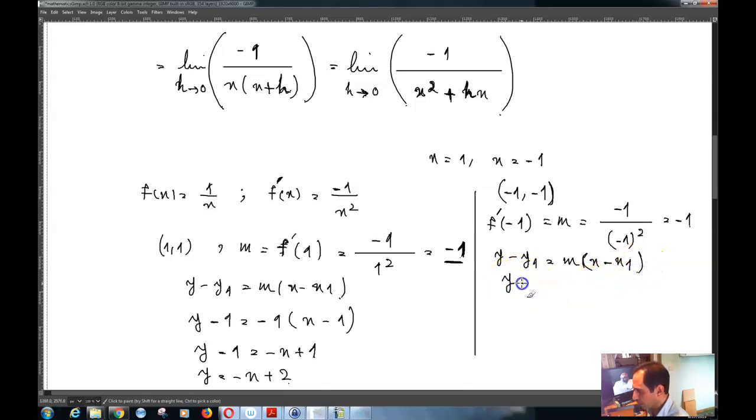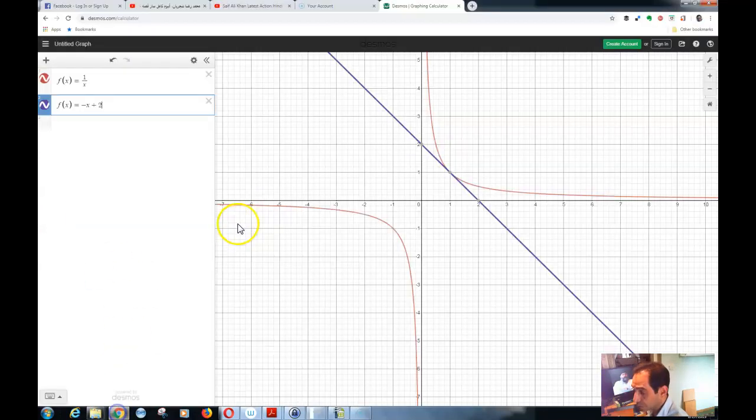So y minus negative 1 is plus 1 is equal to negative 1 times x plus 1 again, because it's a negative 1 over here. So then y plus 1 is equal to negative x minus 1, or y is equal to negative x minus 2.